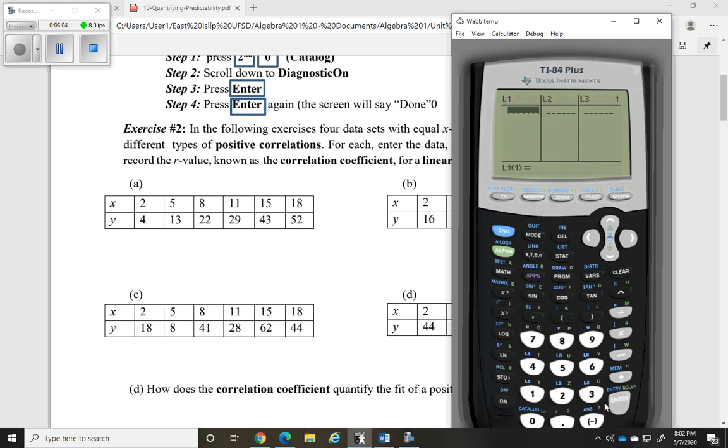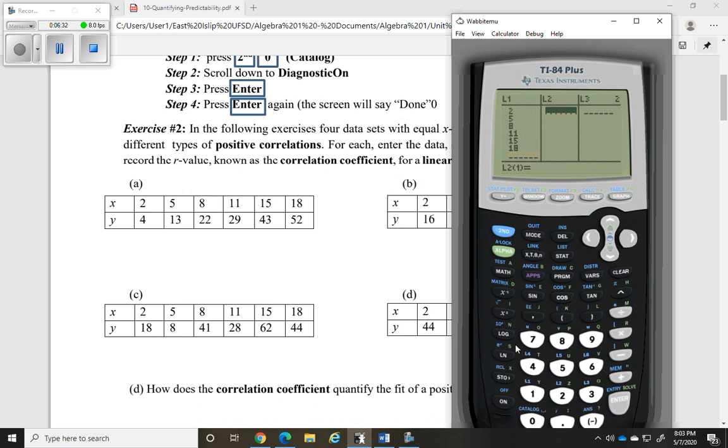So the x values are the same always, 2, 5, 8, 11, 15, and 18. And that goes in our L1. In our L2, we're going to put the numbers that we see.